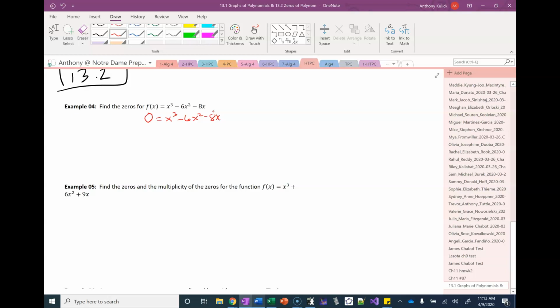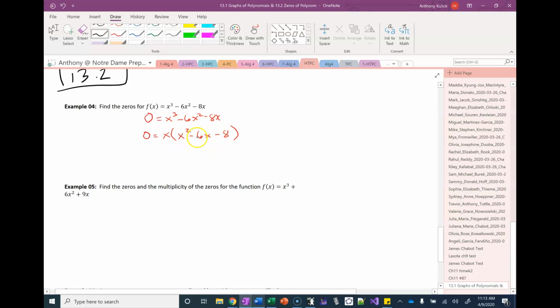So the first thing you look for when we're trying to factor something is a greatest common factor. Notice if I look at each term, I see a greatest common factor of x. So I'm going to factor that off. Okay, and then what I'm left with is a quadratic part.